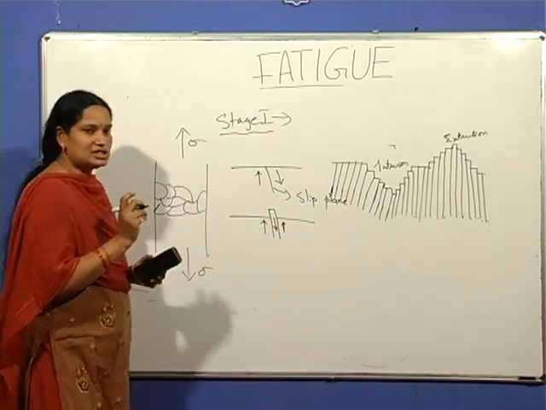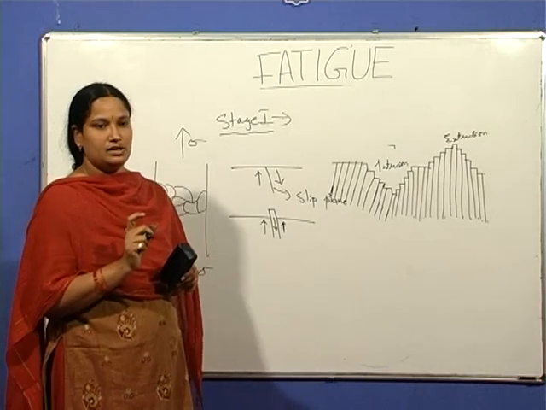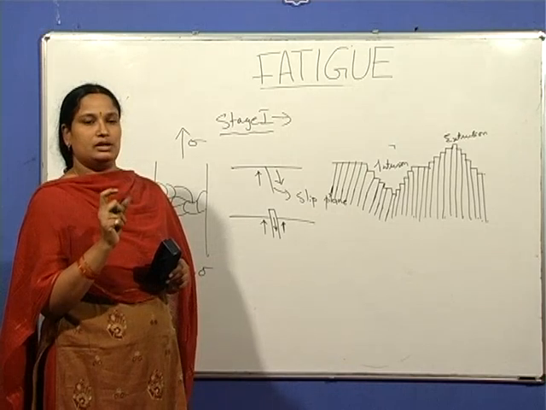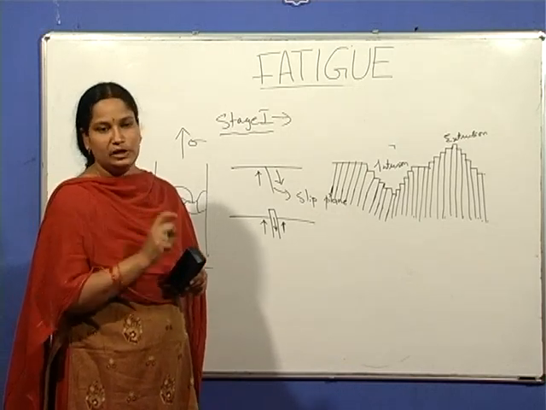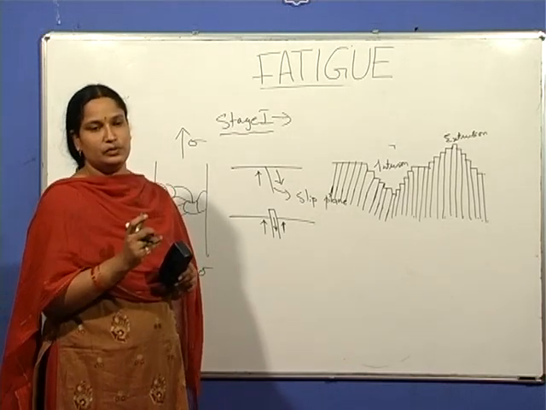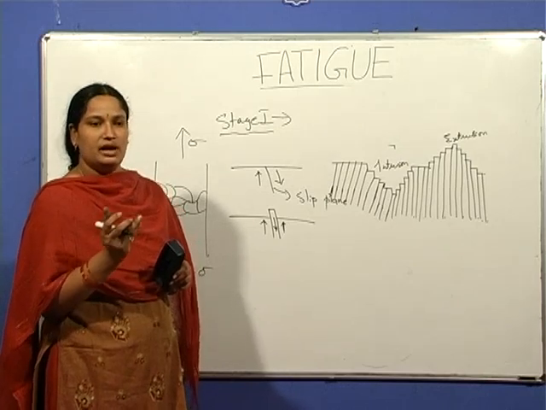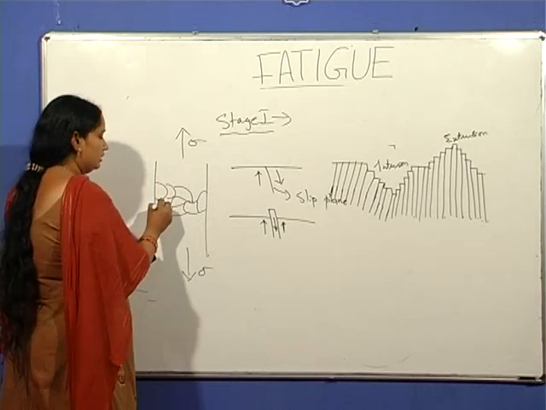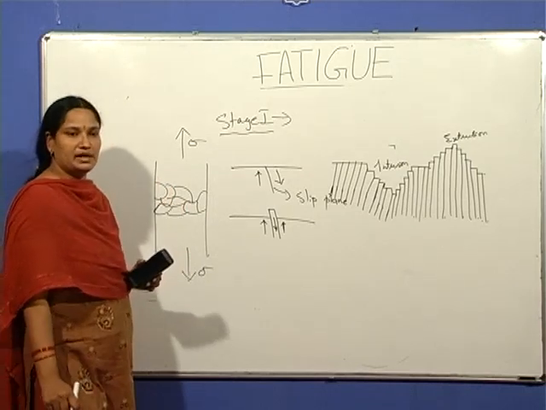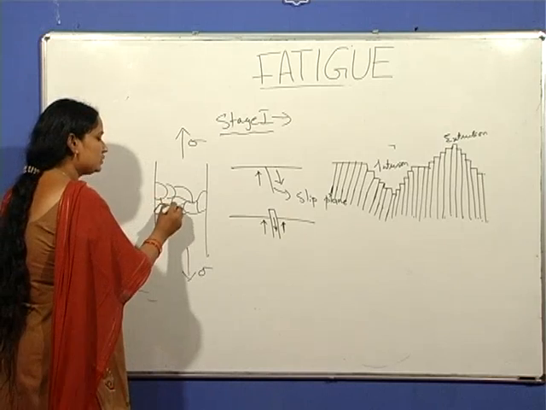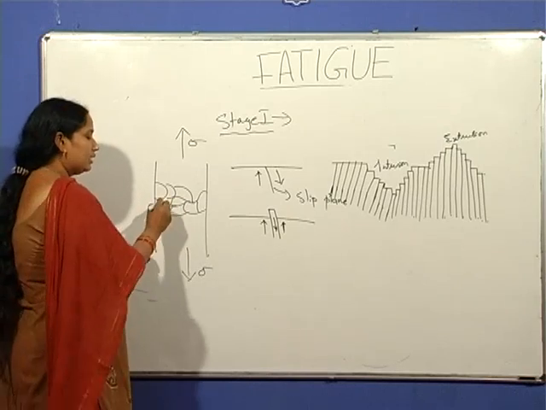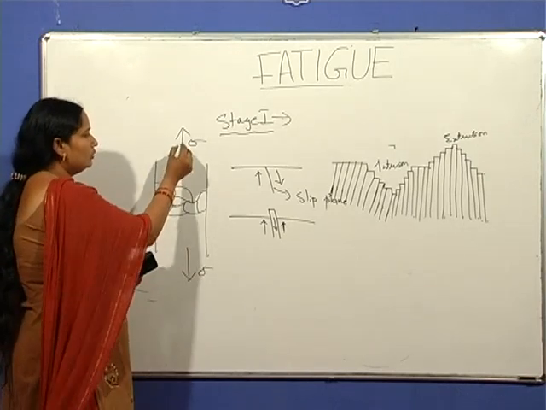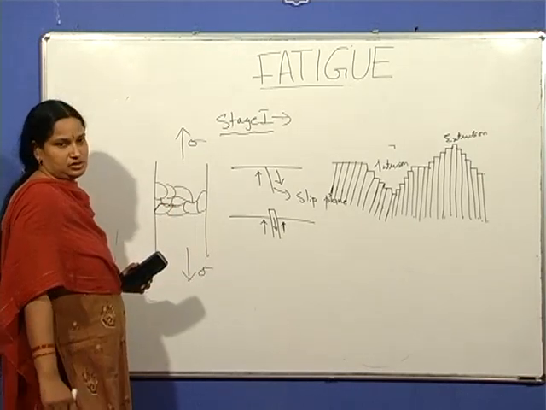Once the crack reaches a sufficient length, the stress magnitude at the crack tip reaches a high value to become dominant, and then the crack changes its direction of propagation and enters into stage 2, where the crack grows in a direction perpendicular to the principal tensile axis.